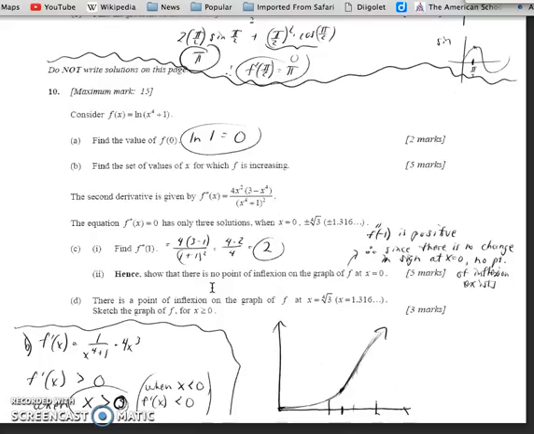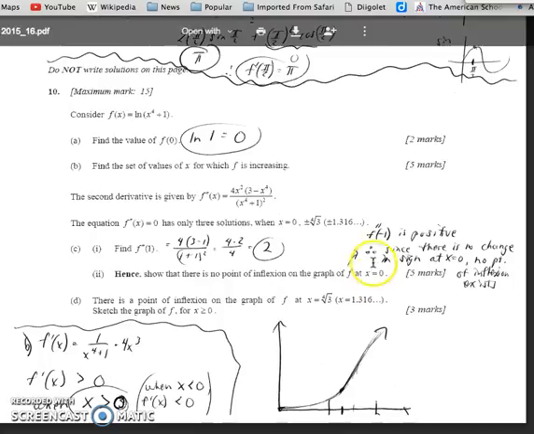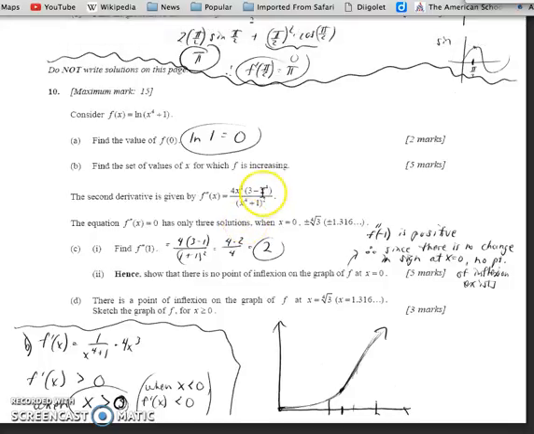Similarly, if to the left of a particular x value the second derivative was negative, and to the right of that value it also is negative, there's no sign change, no point of inflection. So what I just did, I said f of -1 is also positive. How do I know that? Put -1 to the fourth. -1 to the fourth is +1. 3 minus 1 is 2.